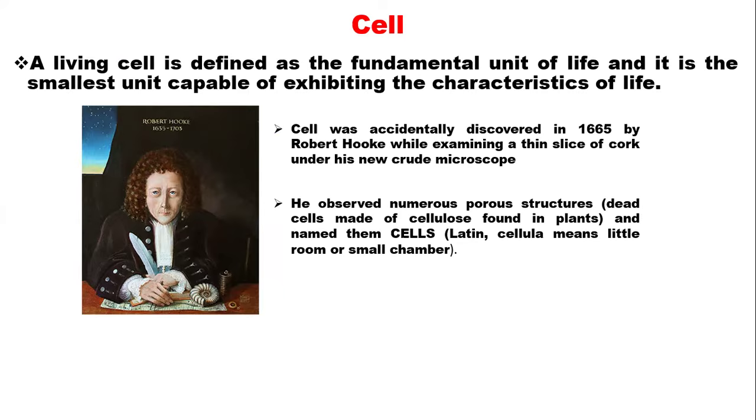He observed numerous porous structures, which are dead cells made of cellulose found in plants, and he named them cells from the Latin word cellula, which means little room or small chamber. This is the picture of Robert Hooke, who lived between 1635 and 1703.